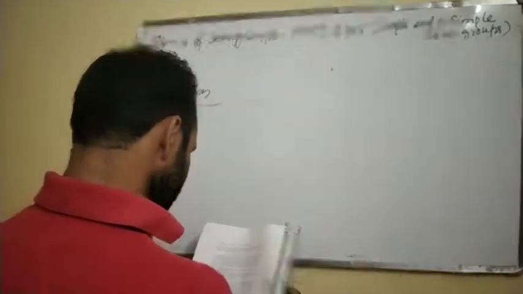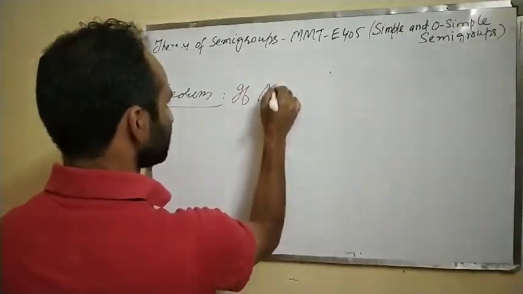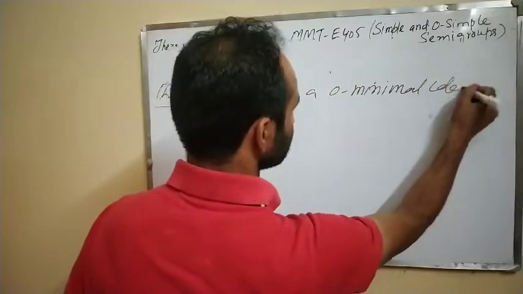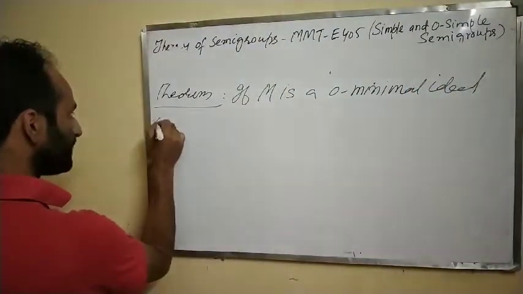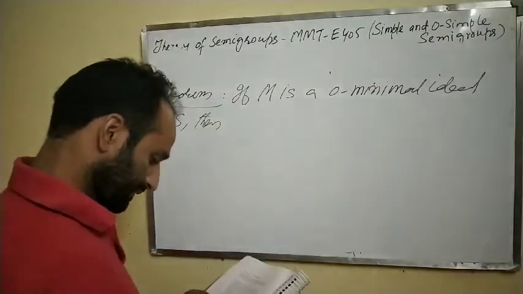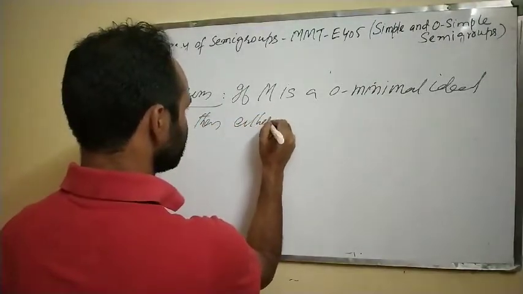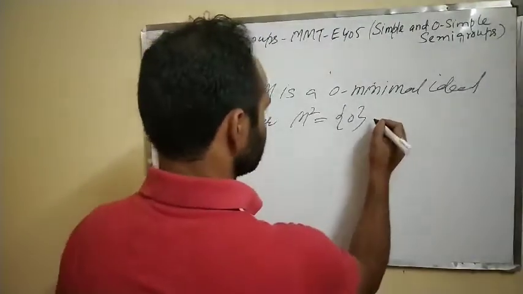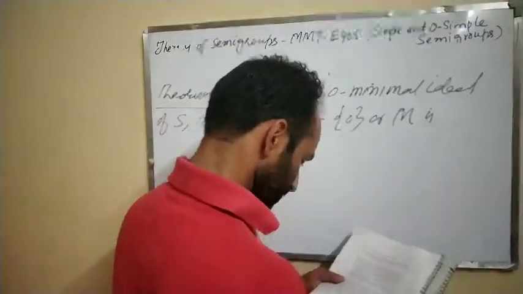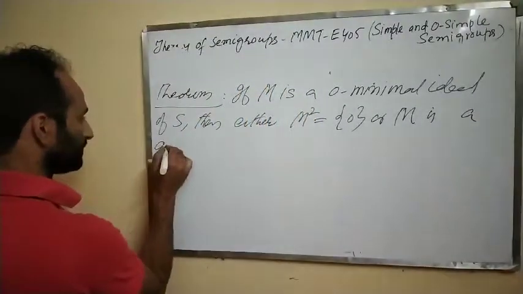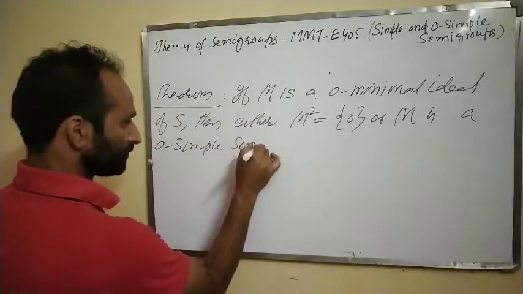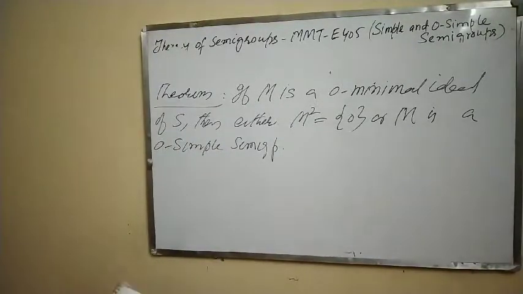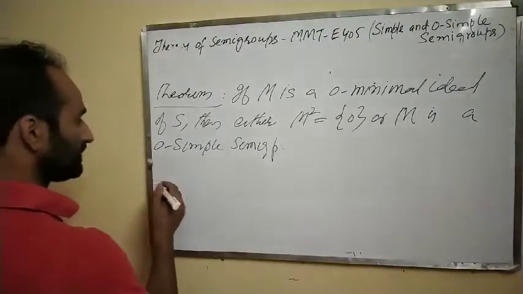The statement is, if M is a zero minimal ideal of S, then either M square is equal to 0, or M is a zero simple semigroup. So that's the statement of this theorem. Let's prove this.